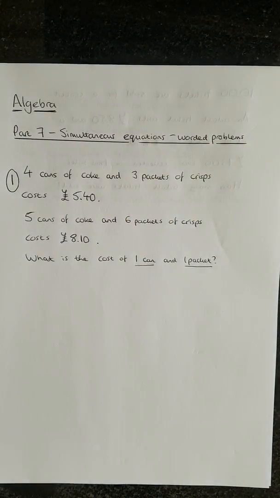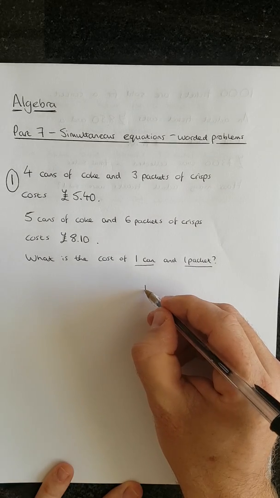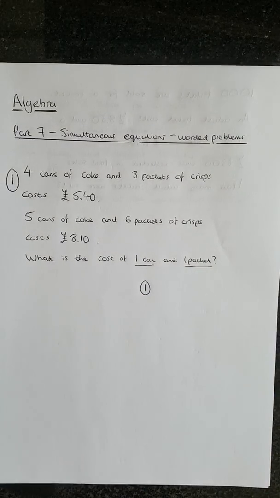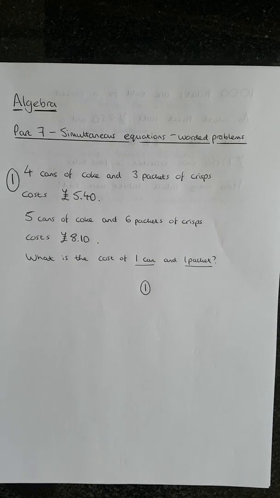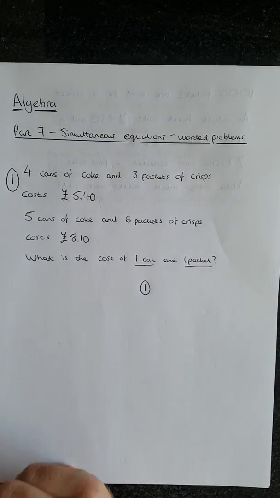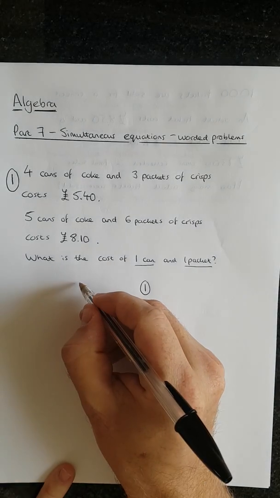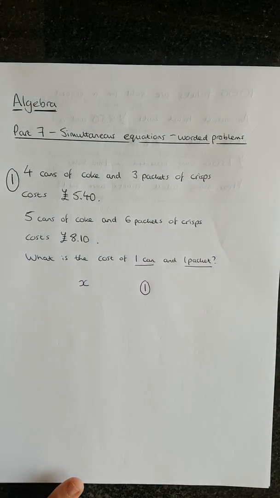Let's try and form an equation from number one. So, 4 cans of Coke and 3 packets of crisps costs £5.40. So, 4 cans of Coke. So the cost of a can of Coke I'm going to call x.